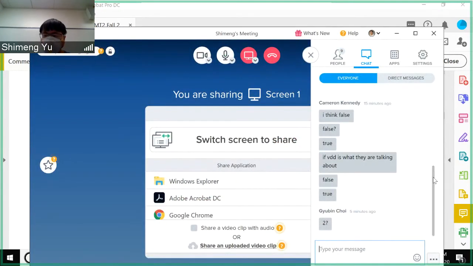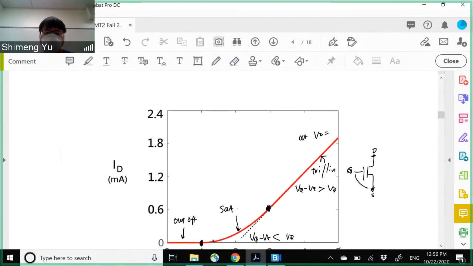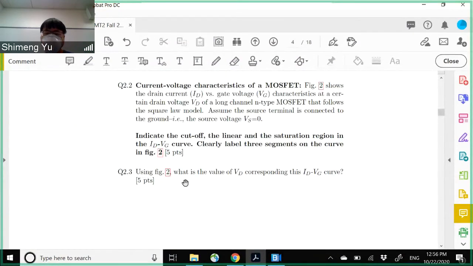Okay. So the second question here, what value of the Vd corresponds to this ID-VG curve? So here the question is, what is this Vd?